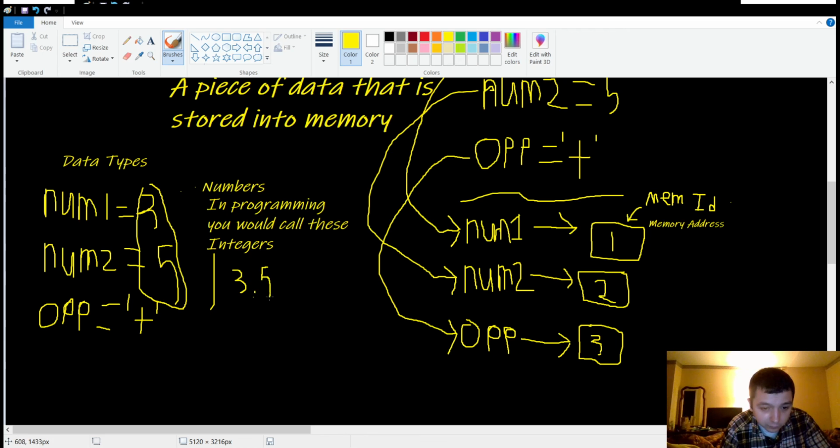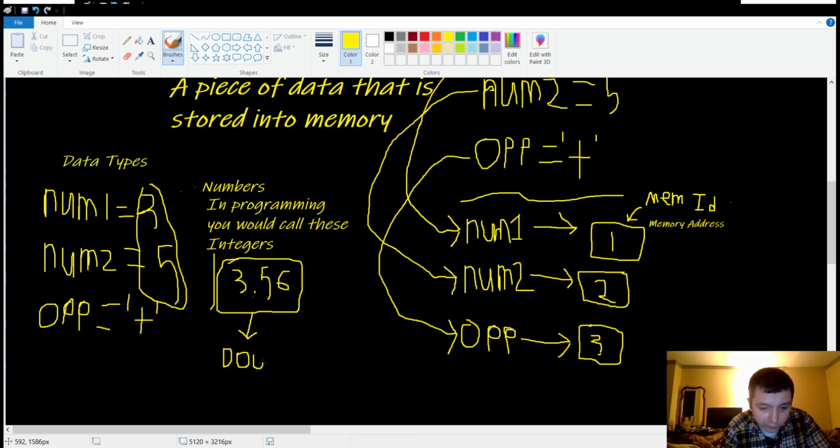Would that be an integer? No, it could be many things, but for now, in general, it would be something like a double. It would be called a double.